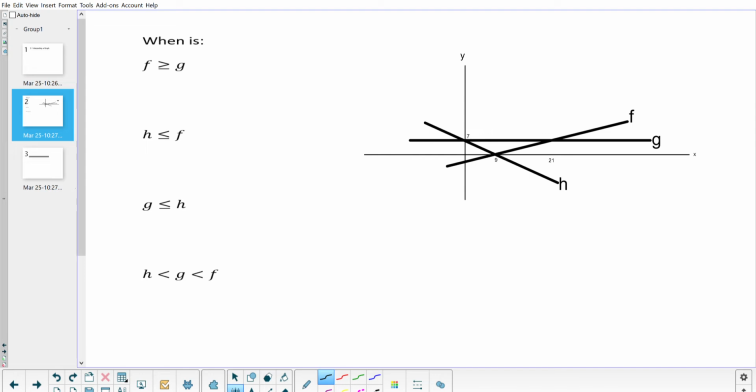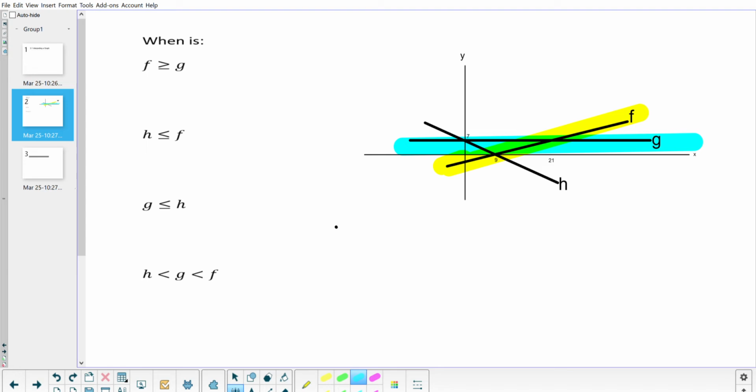Okay, so looking at the graph here, let's see if I can get the highlighter. Okay, so when is f above g? So f is this line right here, and g is this horizontal line.